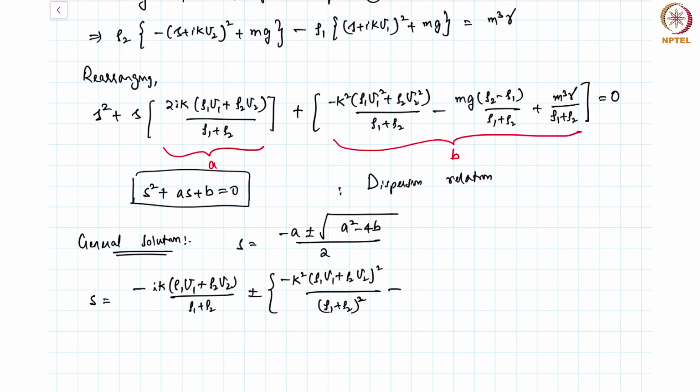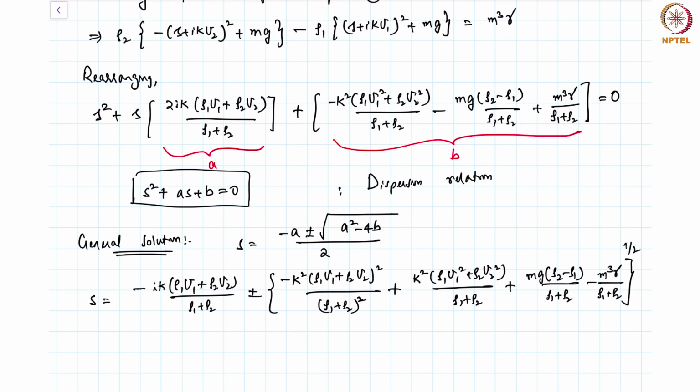That 4 cancels out with the denominator 2, and we have minus B. That A square minus B would be just plus k square (rho 1 u1 square plus rho 2 u2 square) by (rho 1 plus rho 2), plus mg of (rho 2 minus rho 1) by (rho 1 plus rho 2), minus m cube gamma by (rho 1 plus rho 2). This is the square root of the whole thing in the bracket.